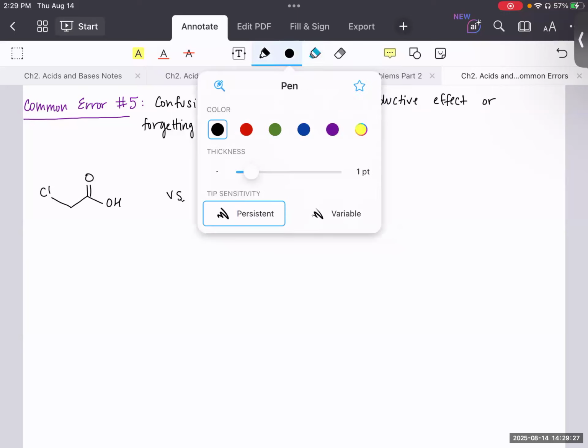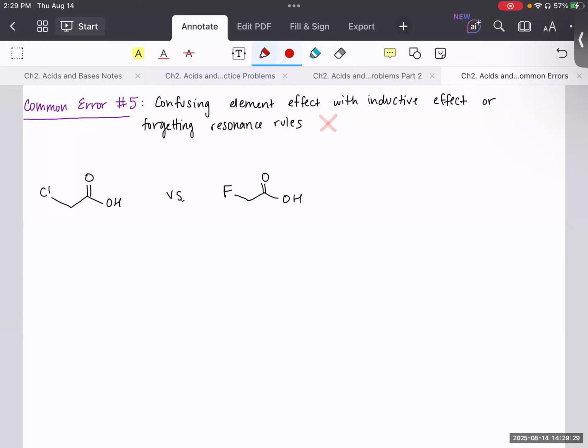One error that I've noticed is that students will say that the structure on the right is more acidic because of the element effect, because they notice that there's a fluorine here versus a chlorine.